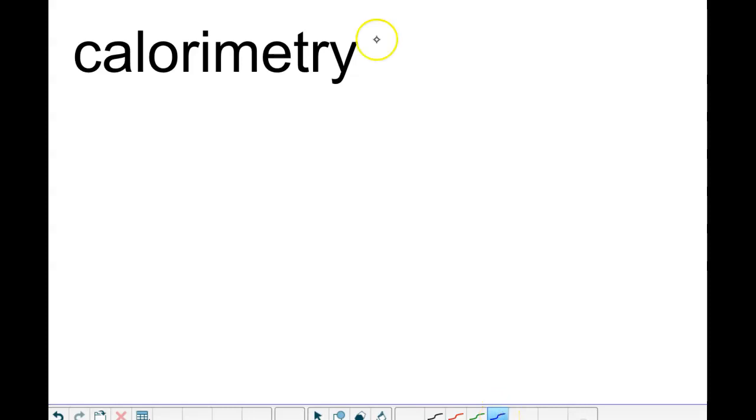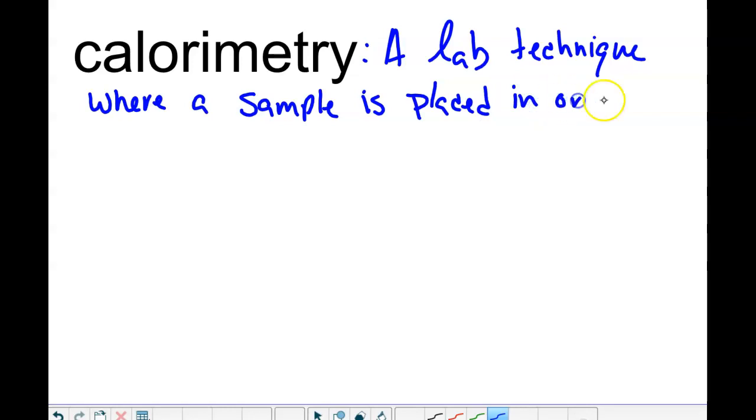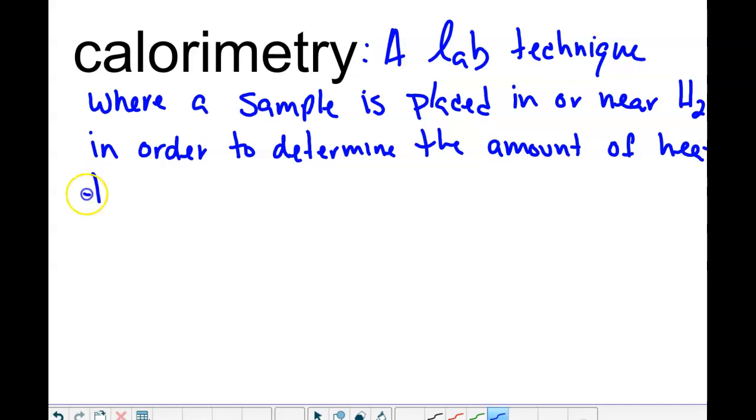Calorimetry is a lab technique where a sample is placed in or near water in order to determine the amount of heat that is absorbed or released.